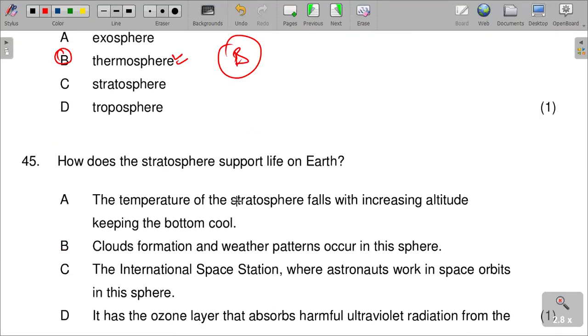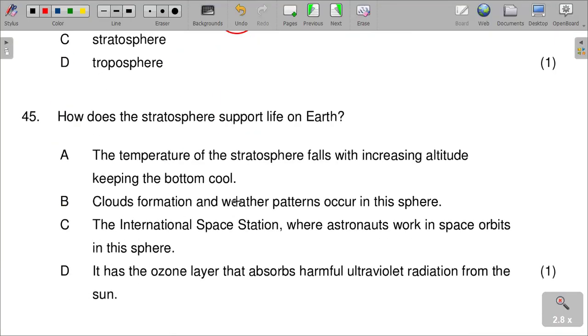How does the stratosphere support life on Earth? Number 45. The stratosphere has the ozone layer that absorbs harmful ultraviolet radiation from the sun, in order to reduce the heat energy.